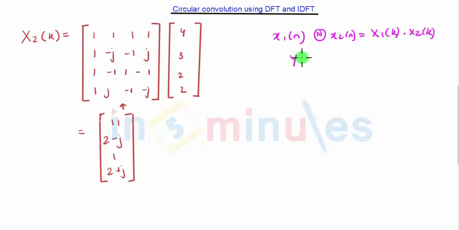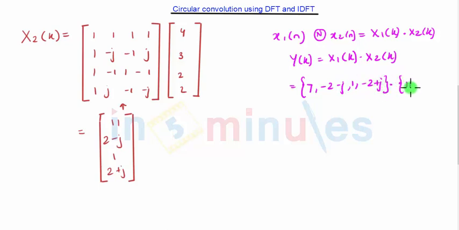So y of k is equal to x1 of k into x2 of k, that is 7, minus 2 minus j, 1, minus 2 plus j, into 11, 2 minus j, 1, 2 plus j.